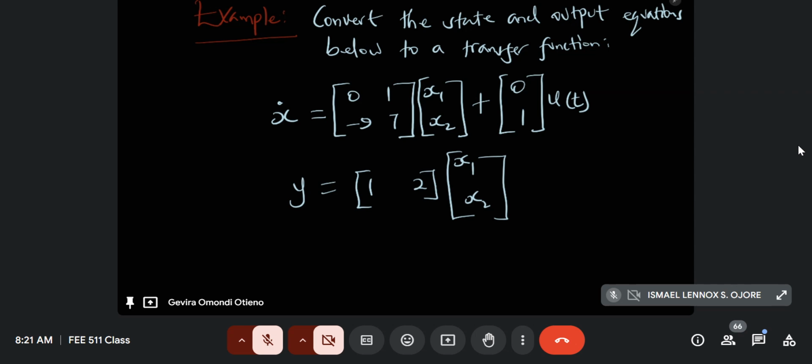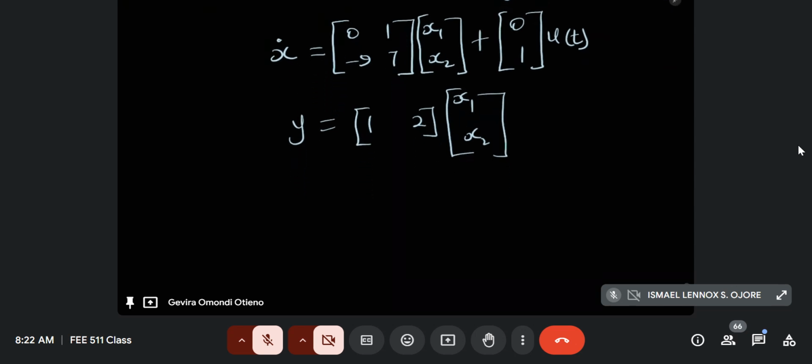However, when we convert this to a transfer function, you can quickly understand what the system is, because you can quickly see the poles, you can quickly see the zeros, you can know whether the system is stable or not, you can quickly sketch a root locus and all that. So you can understand the control system more easily if the system is represented in transfer function format.